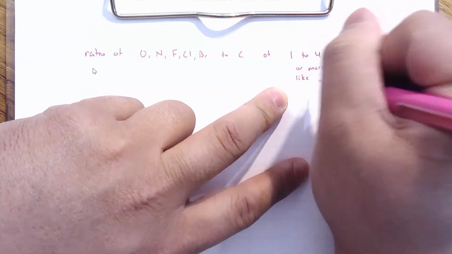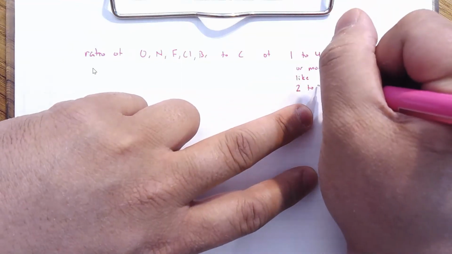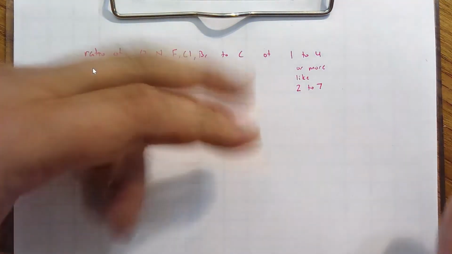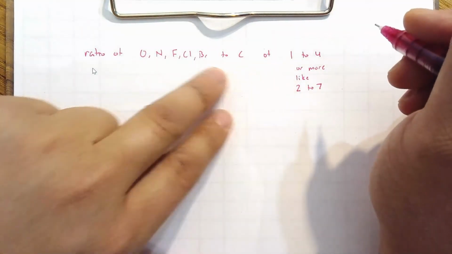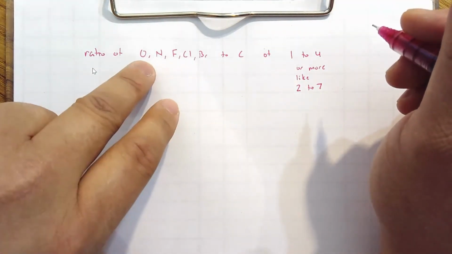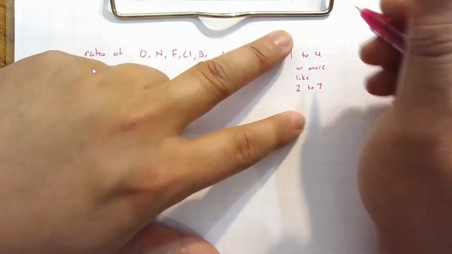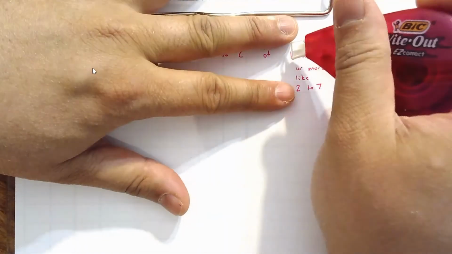Like maybe it's 2 to 7. It is the ratio. 25%, maybe, if I could say it. If you have 25% of O, N, F, Cl, Br compared to carbon, then you are polar and water soluble.